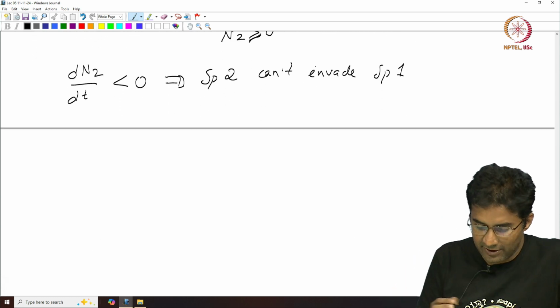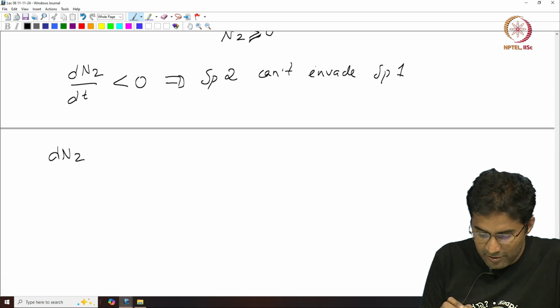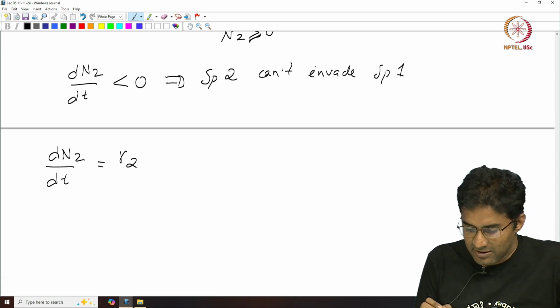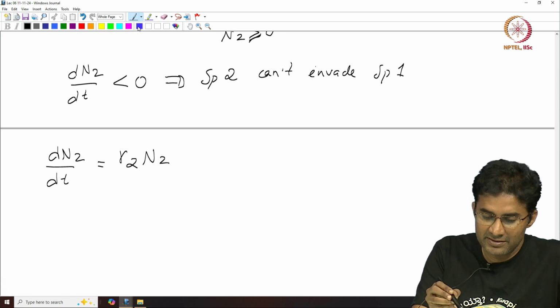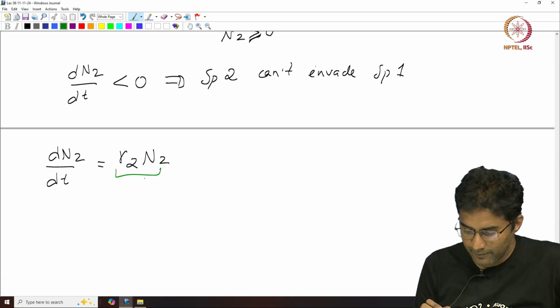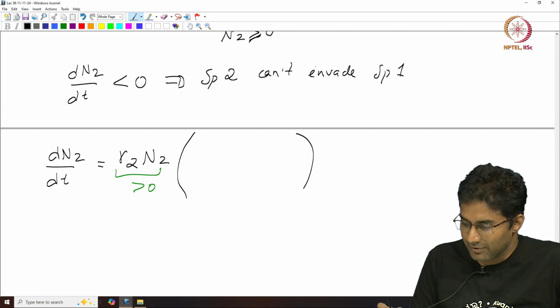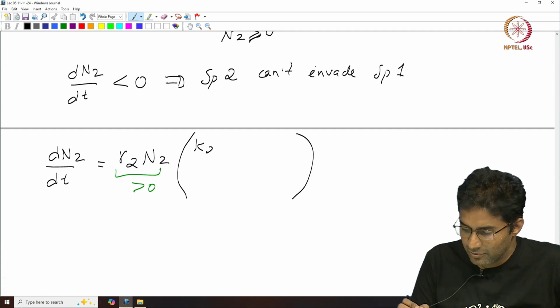To do this, we need to write down the expression for the growth rate of species 2, which is dN2 by dt, starts with R2 N2. Remember that this part is always positive. So, we therefore have to look at the term in the bracket, which is K2 minus N2 minus beta N1 divided by K2.